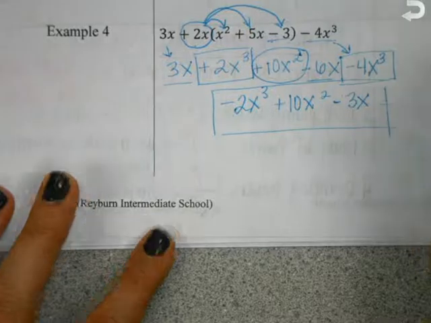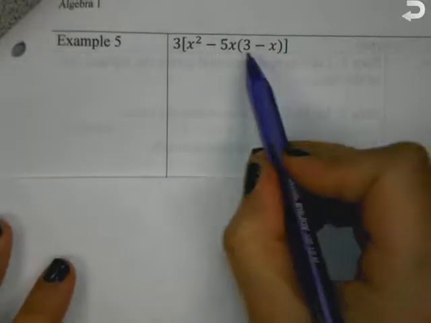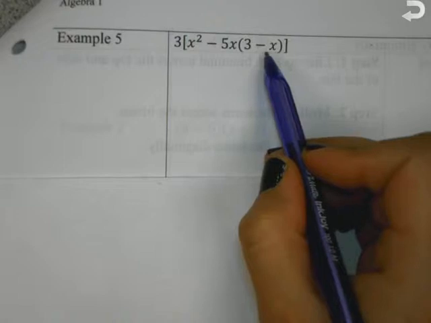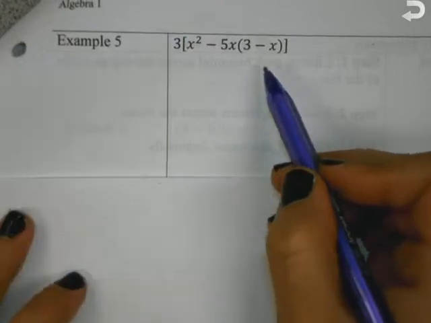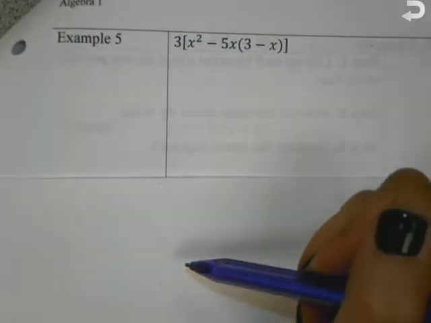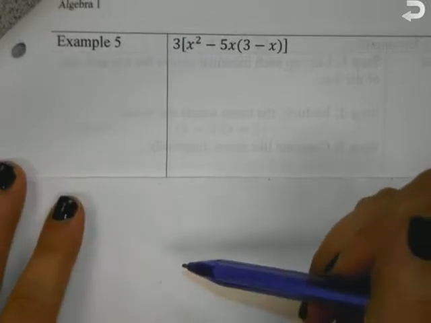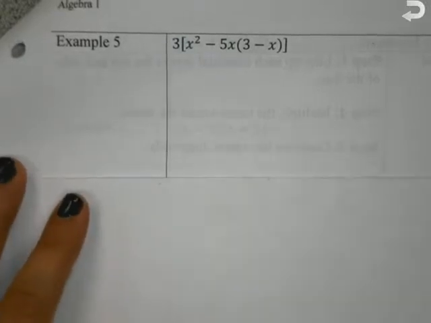Alright guys, number 5. We have 3 bracket x squared minus 5x times 3 minus x and the bracket. With brackets, order of operations, what part do I have to do first? Inside, right? So what do you guys see that we can do inside the bracket? Distribute what, Everett? Excellent.